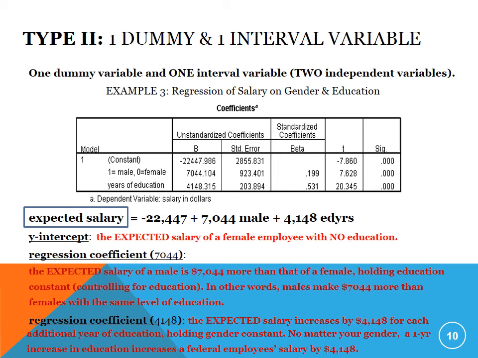Because this is multivariate, and we're talking about how all of these things play a role together. So what that really means is for people of the same gender, so for all males or for all females, a 1 year increase in education increases their federal salary by about $4,100. Okay?